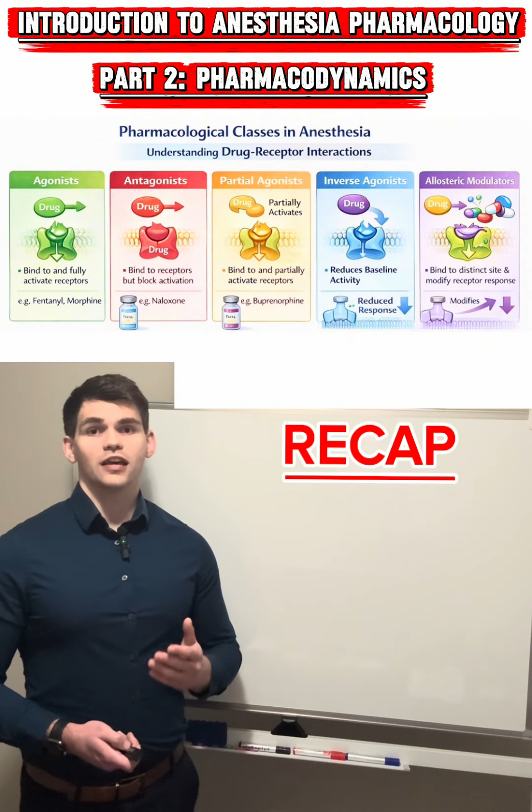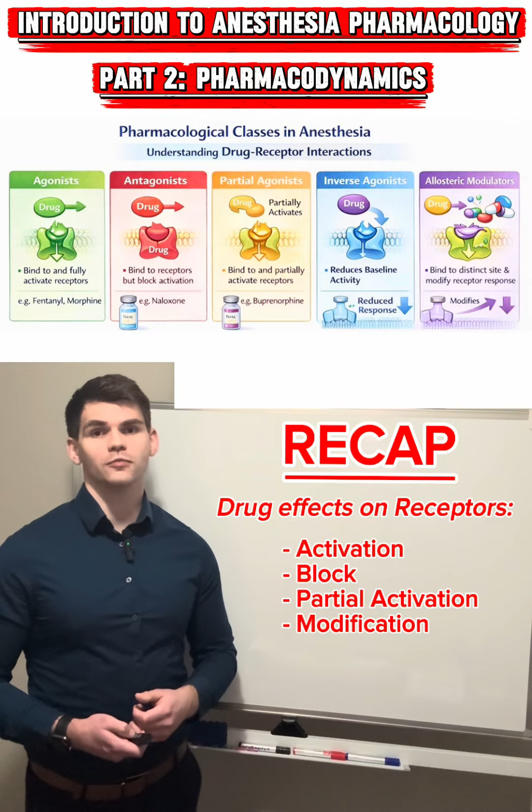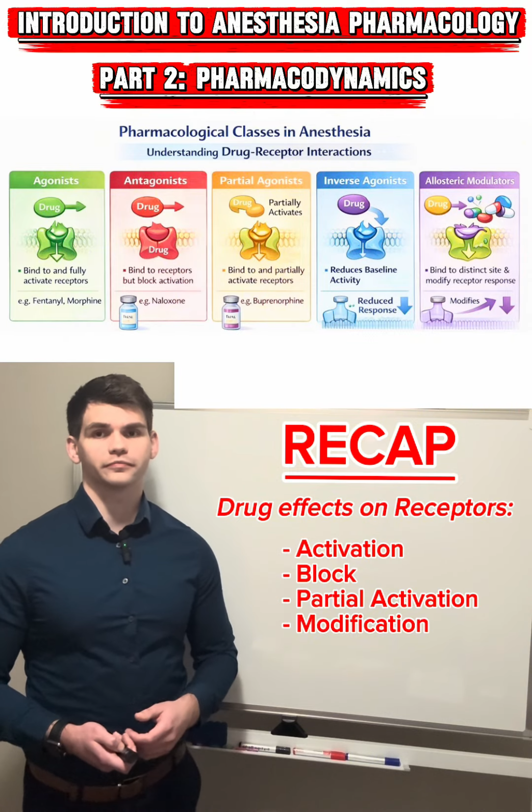So, the big takeaway here is this. Drugs do not all affect receptors the same way. Some activate, some block, some partially activate, and some modify receptor behavior from a different site.